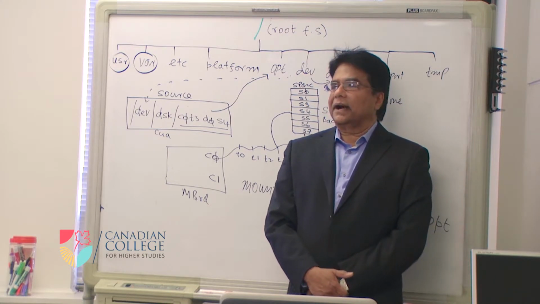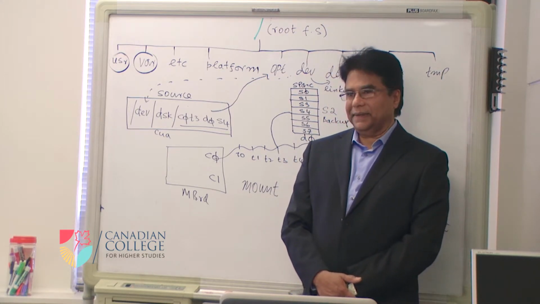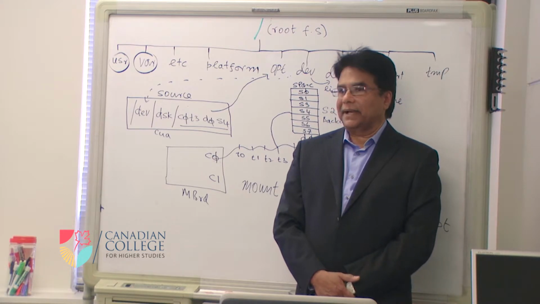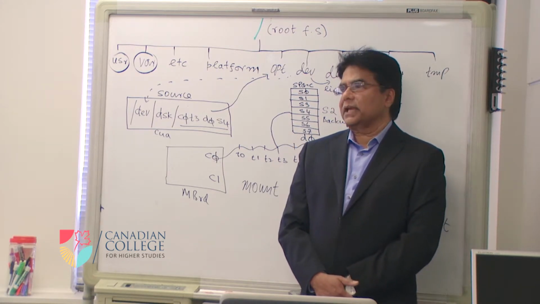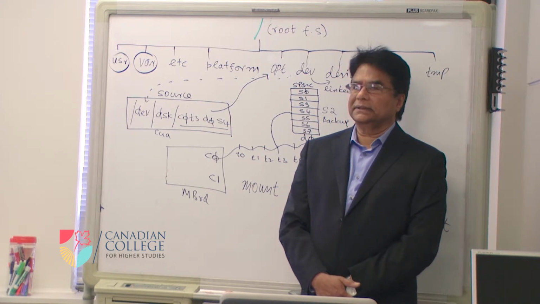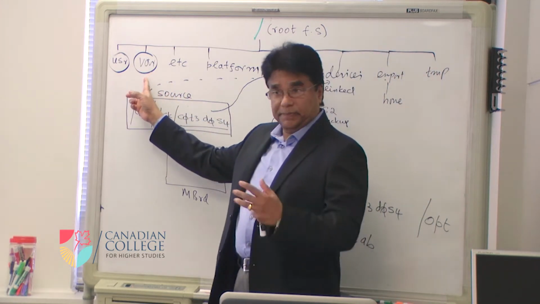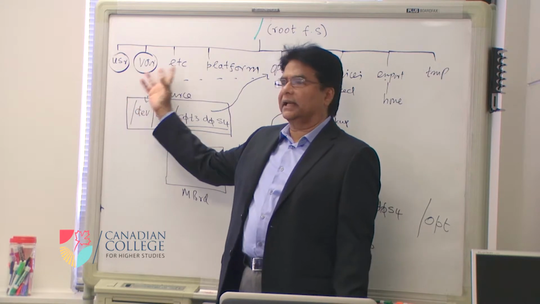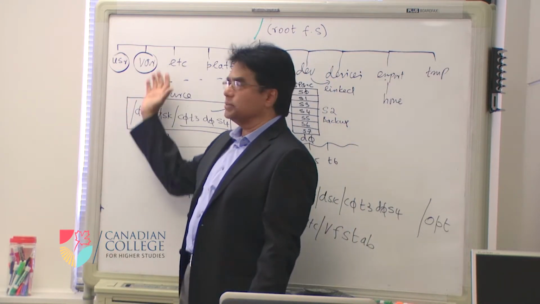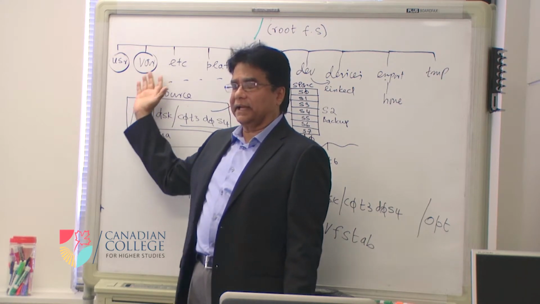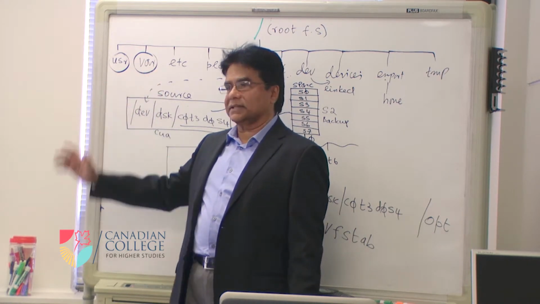But nowadays, hard drives are so big, right? So you don't have that problem much, right? Nowadays, they create a big root file system. And if they are using a print server, put the print spools under var, so you can create a var file system, a big one, right? So that even if a lot of print spools come and get saved here, it won't affect the root file system, right?